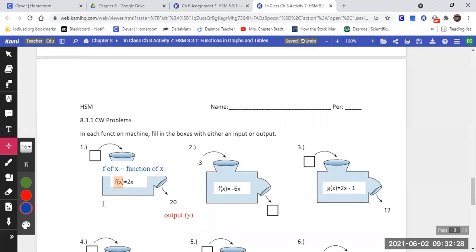Okay, so I am going to solve this because I know my output is 20. So I'm going to solve that 20 equals my 2x. And I got to figure out what was the x that made that work. What do I have to do?